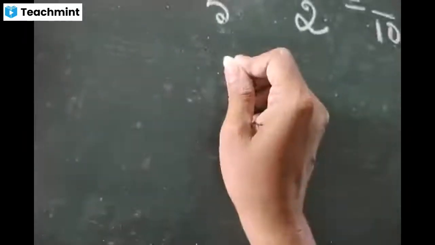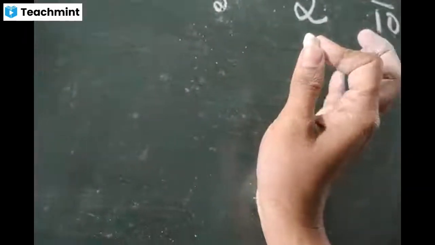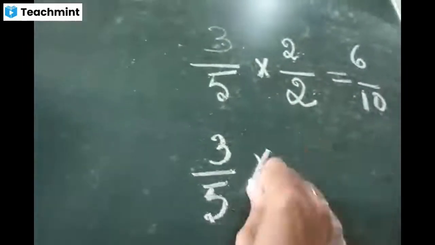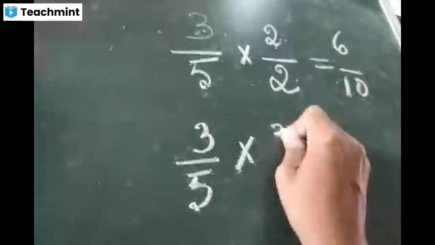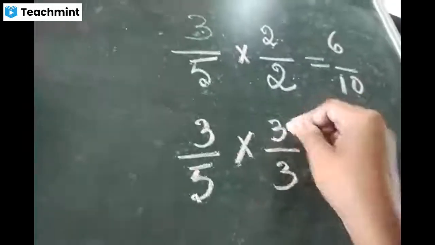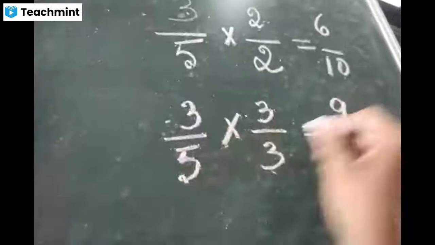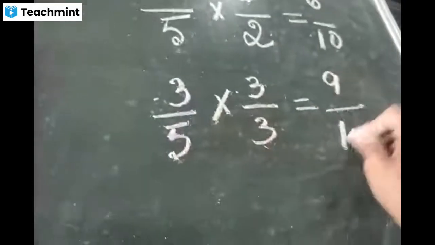Not only one, they may ask to find 5 equivalent fractions. So I'll take again 3 by 5 here. I'll multiply by the next number, 3 by 3. But up and down, the same number you have to multiply. 3 3s are 9. 5 3s are 15.